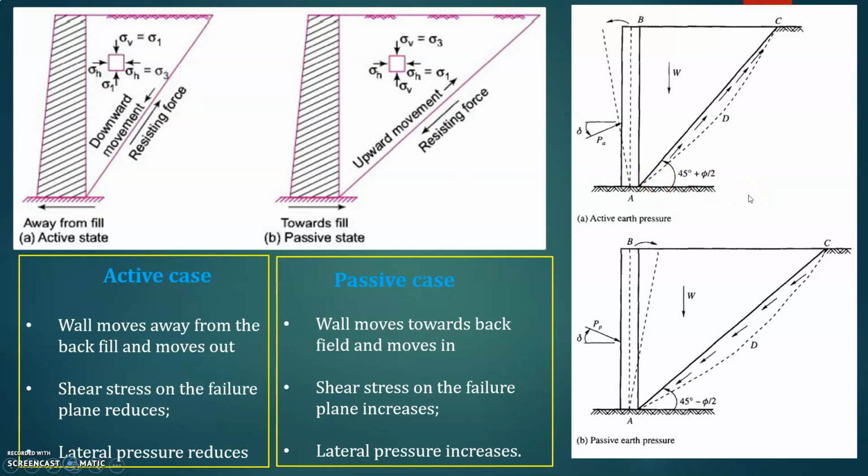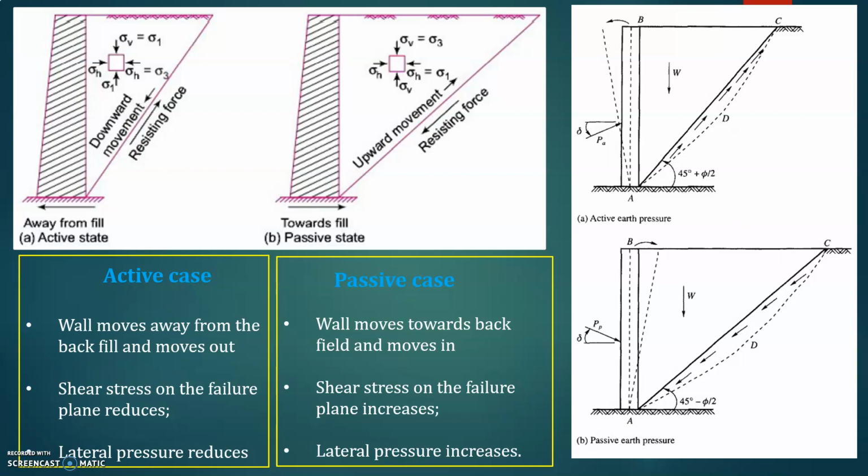At this stage of failure, the earth pressure has its minimum value. So this minimum pressure is known as active earth pressure. If the wall is smooth, the earth pressure acts normal to the back of the wall.